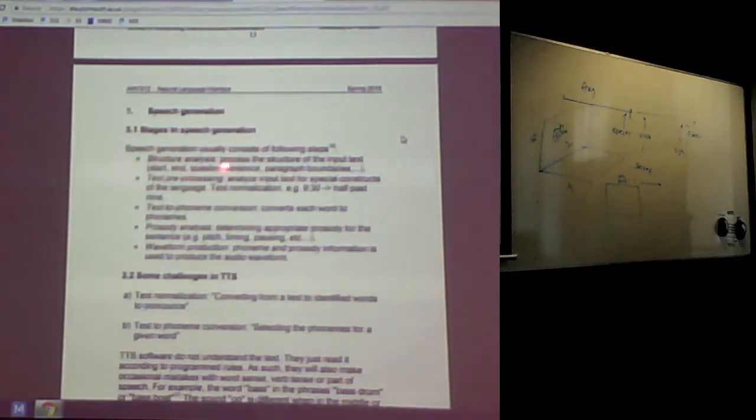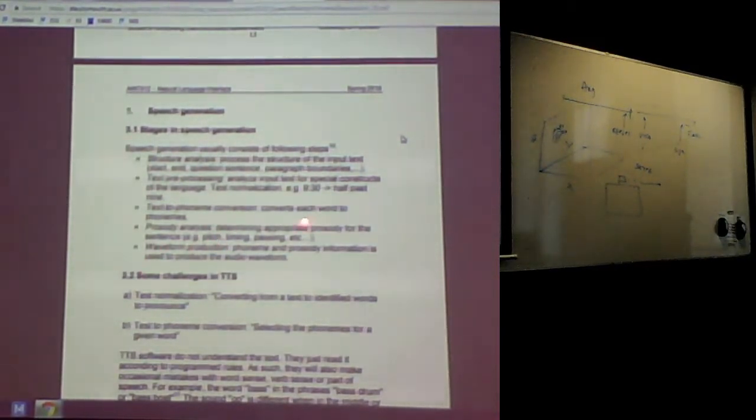Beginning, end, is it a question? You need to pre-process the text. Stupid things like if you write 9:30 in your text, you have to transform that into words. Text to phoneme conversion, this is the easy bit almost.